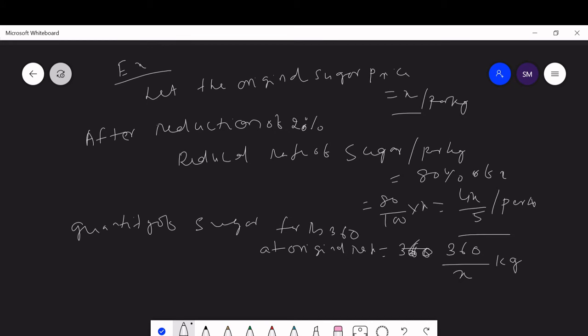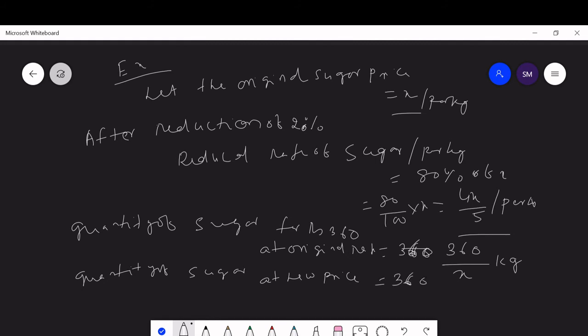Then the quantity of sugar at the new price after reduction is equal to, she has to spend only 360 rupees for sugar.